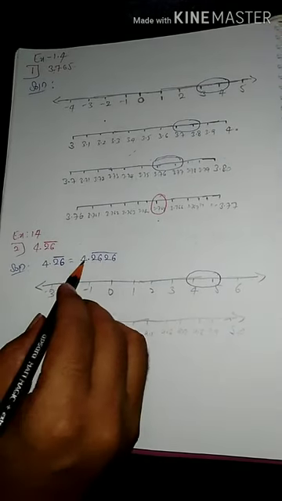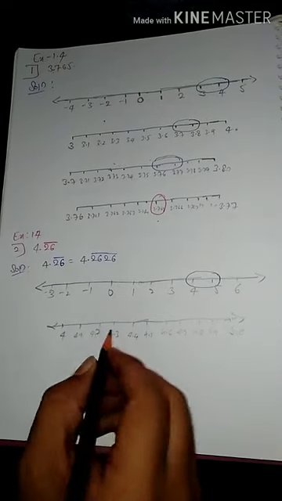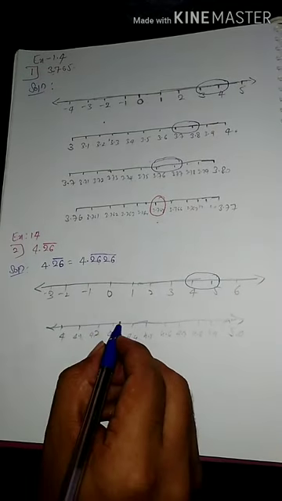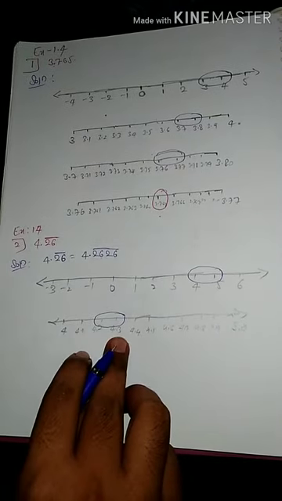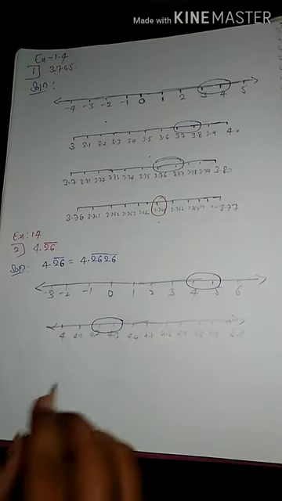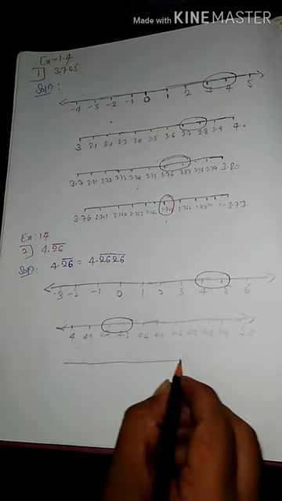Here 4.2626 lies between 4.2 and 4.3. Again 4.2 and 4.3 are divided into 10 equal parts. So draw one more number line.